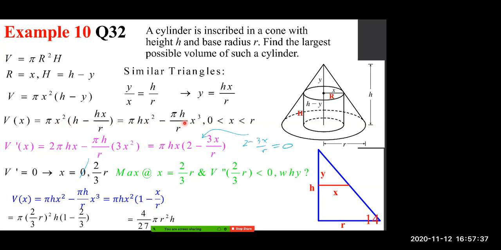If you factor it this way, you can replace the x accordingly and show that it becomes 4 over 27 pi r squared h. I'm assuming everybody can do that. These are all algebraic steps. I have the answer for you, but the intermediate steps are missing.